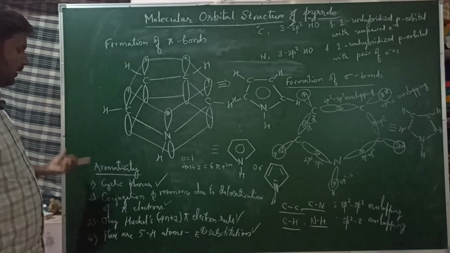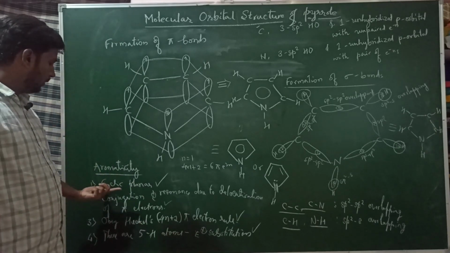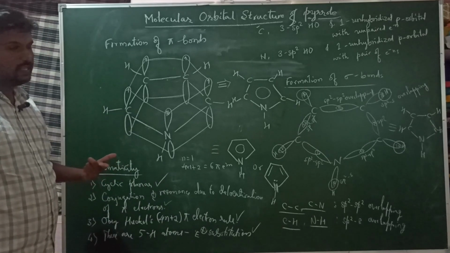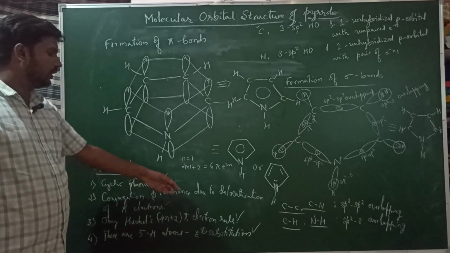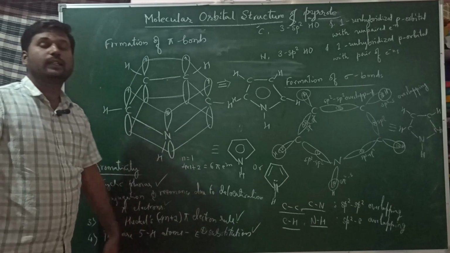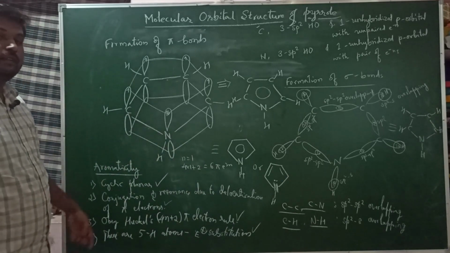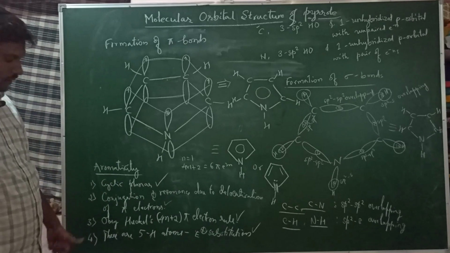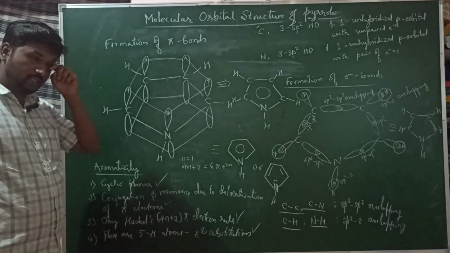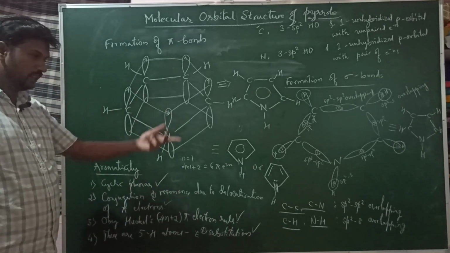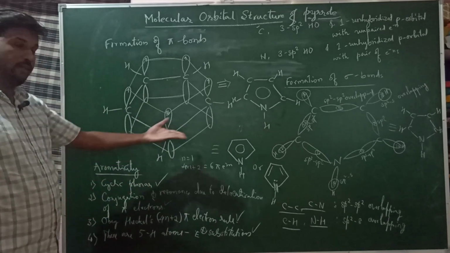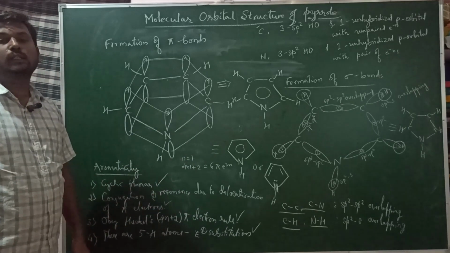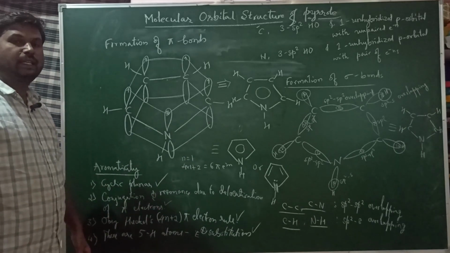The four criteria, please remember: the compound must be cyclic and planar, the first criteria. Second criteria, it should show delocalization of pi electrons, which leads to resonance in the structure, or it shows conjugation. We can see that in the case of pyrrole in the next class when we come to the reactivity. And it also obeys Huckel's 4n plus 2 pi electron rule.